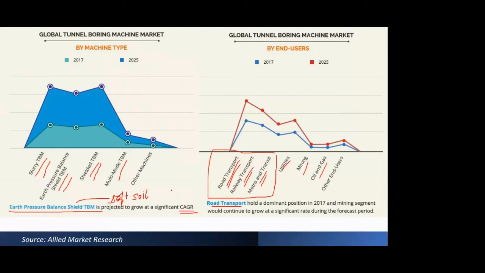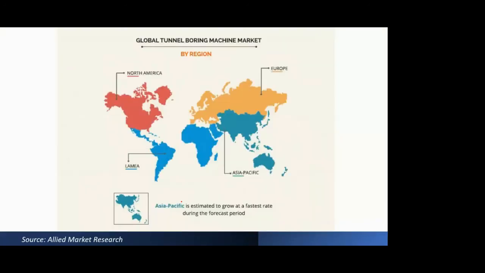TBM is also useful for soft soil, especially the earth pressure balance shield TBM. That is why its growth rate keeps increasing, because until now the thinking was that only in hard rock is it easy to excavate a tunnel, and soft soil brings a lot of difficulties. But this TBM has taken out all those difficulties and converted them into opportunities for new inventions.